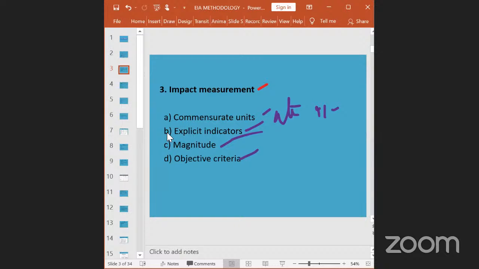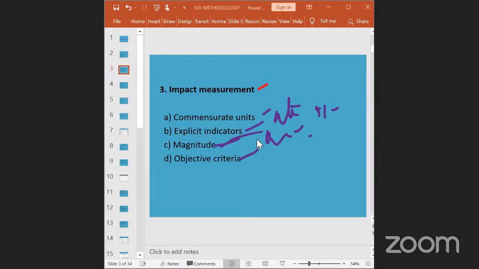And next one is explicit indicators. What is this explicit indicators? It should suggest some specific and measurable indicators that are to be used to quantify impacts on some of the relevant environmental parameters. And magnitude. Magnitude provides for the measurement of impact magnitude. It is defined as the degree of extensiveness or scale of the impact.